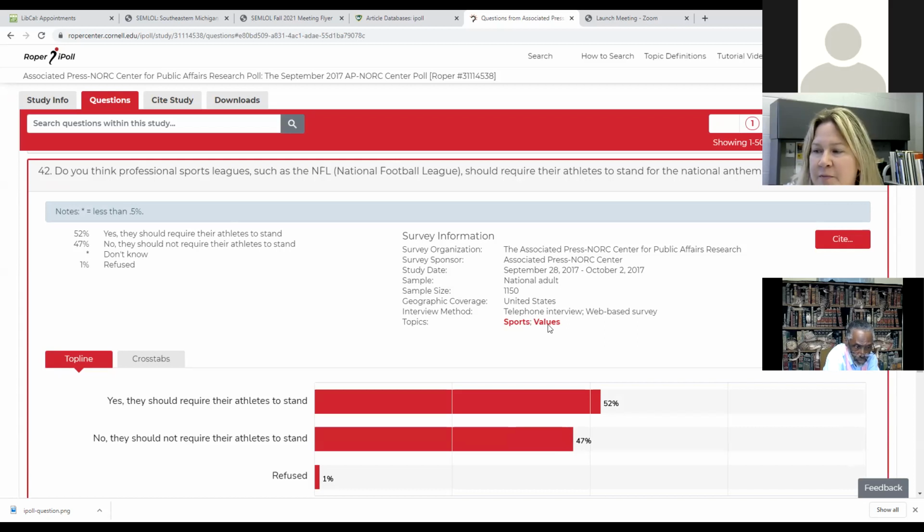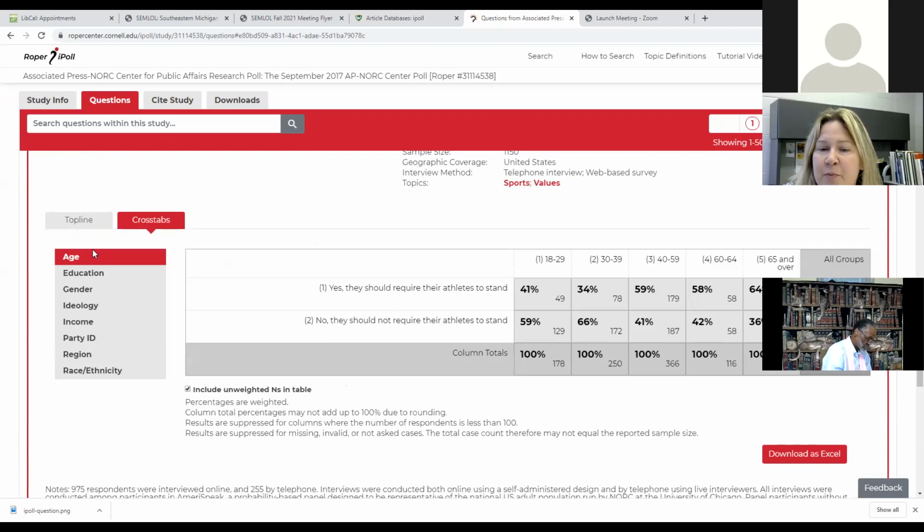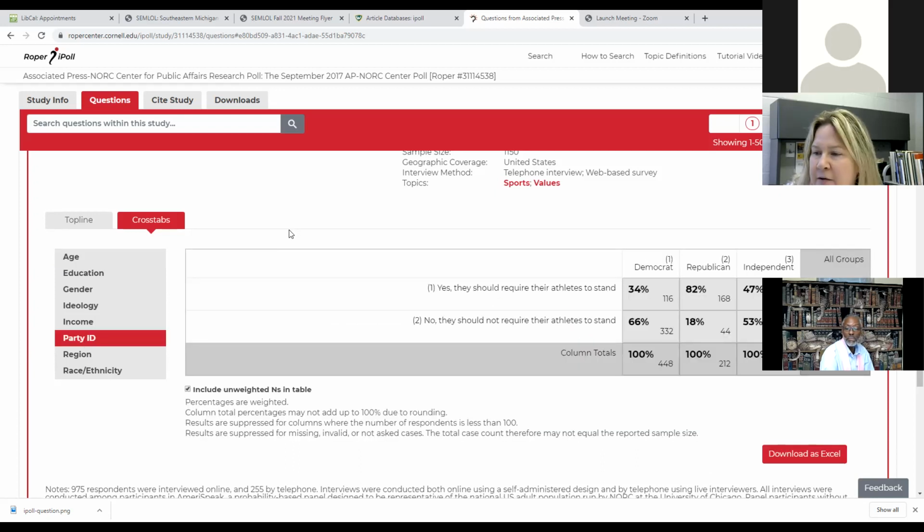But this question allows me to use this crosstab feature, which means that in this poll, they also asked people questions about themselves. So we saw the breakdown of how many people thought you should stand or not. But we can also manipulate it with these crosstabs, say, what is your party ID?